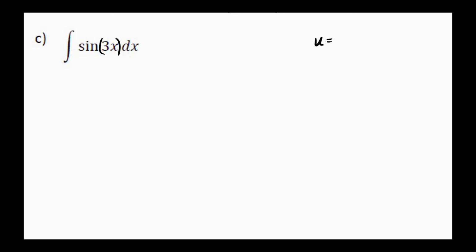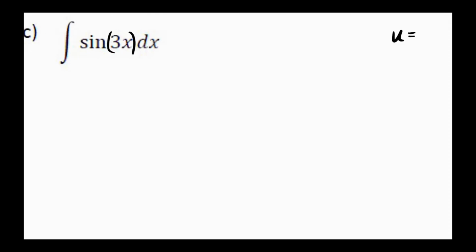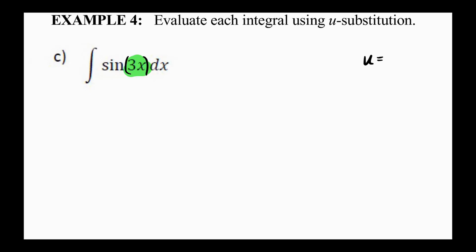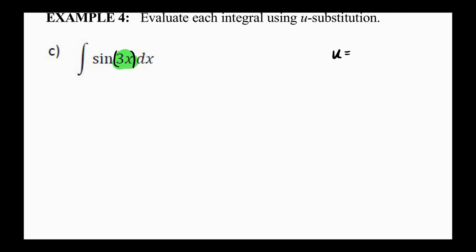Okay, so what is the argument going to be on this question? What is the argument going to be on this? The innermost part is 3x. Yep. All right. Okay. So that's going to be our U. Okay.